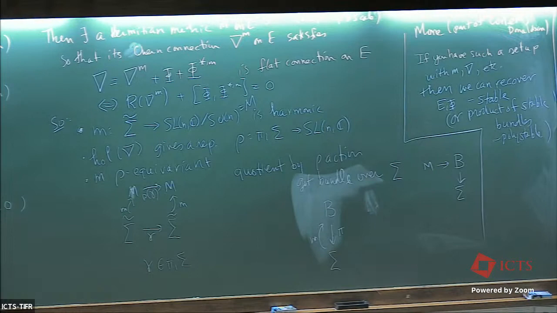I have a question from online. If the Hitchin equation you wrote, nabla plus the commutator of phi and phi star equals 0, is equivalent to sigma tilde being a minimal immersion, is that correct? It's not a minimal immersion, it's a harmonic map.